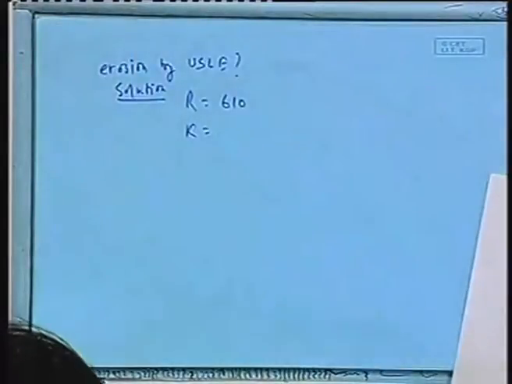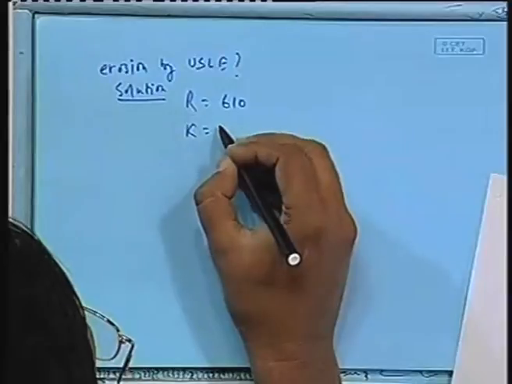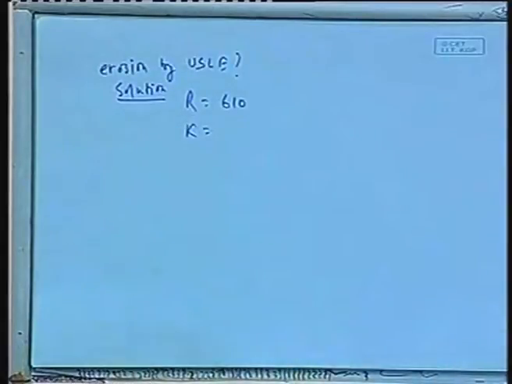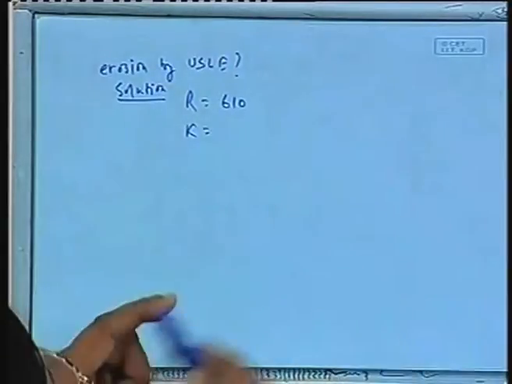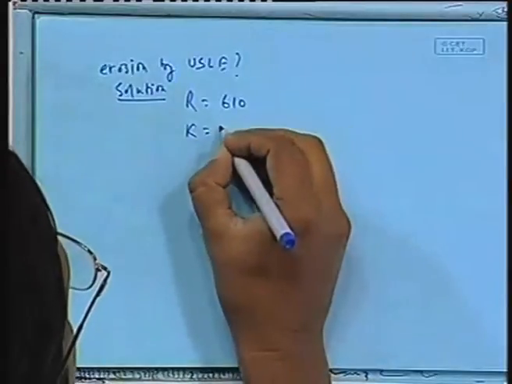This is called the soil erodibility factor, and here it is about 0.29.